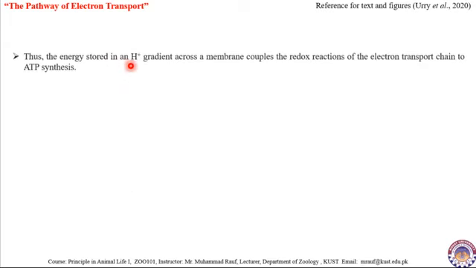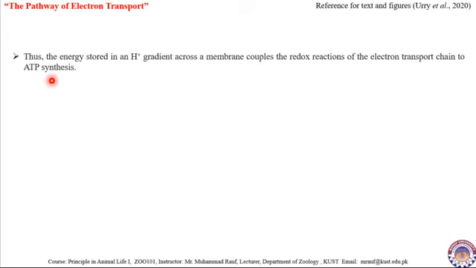Thus, the energy stored in a hydrogen gradient across a membrane couples the redox reactions of the electron transport chain to ATP synthesis. Now this is a very important sentence, a $1 million sentence: the energy of oxidation reduction reactions, when electrons pass through different carriers, is utilized to push hydrogen ions from the mitochondrial matrix into the intermembrane space.